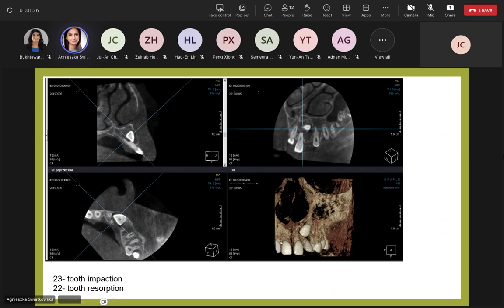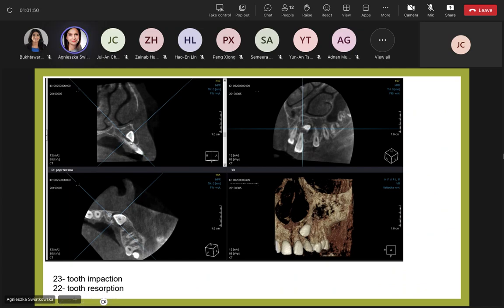And here you can see this is lateral incisor, number 2-2, and here the canine, 2-3, and look here, you can see the resorption of the palatal surface of the root of the lateral incisor.